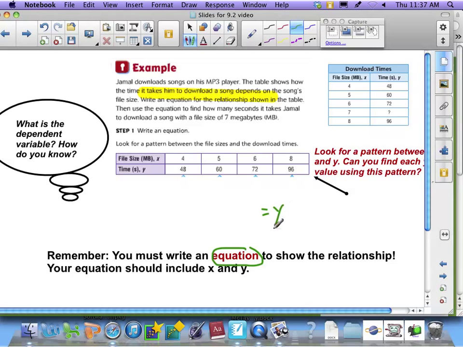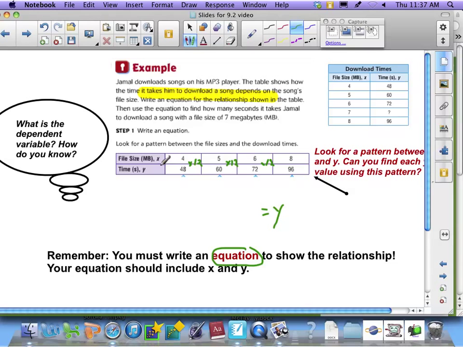When you have a table and you want to translate it to an equation, you have to look for a pattern between x and y. So I see 4 and 48, 5 and 60, 6 and 72. I can see a pattern is times 12. 4 times 12 is 48, 5 times 12 is 60, 6 times 12 is 72. You have to make sure it works for every set of values.